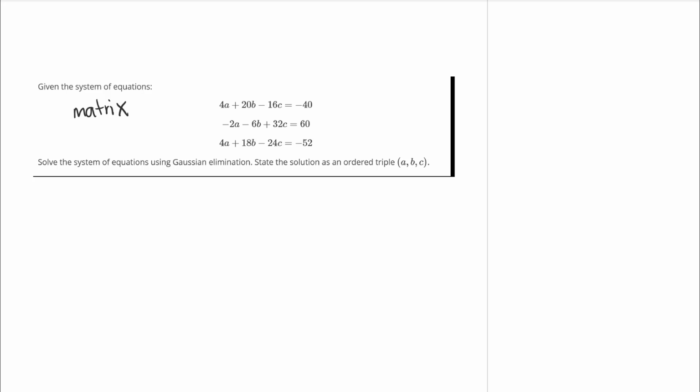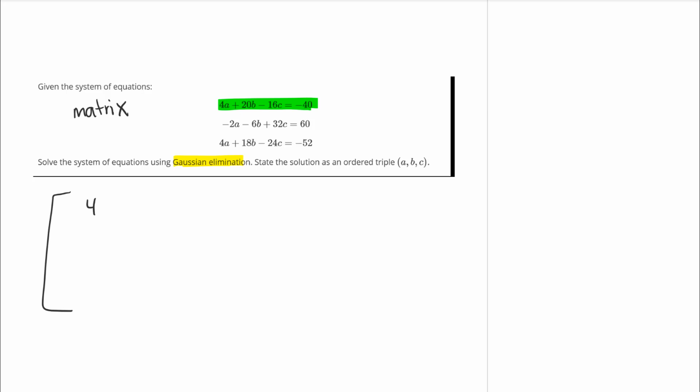So for this last problem, it's going to be the matrix again. It says, given the system of equations, solve the system using Gaussian elimination. So you want to make sure that you put this into a matrix. Remember, what you do is you write each of the coefficients in each row.